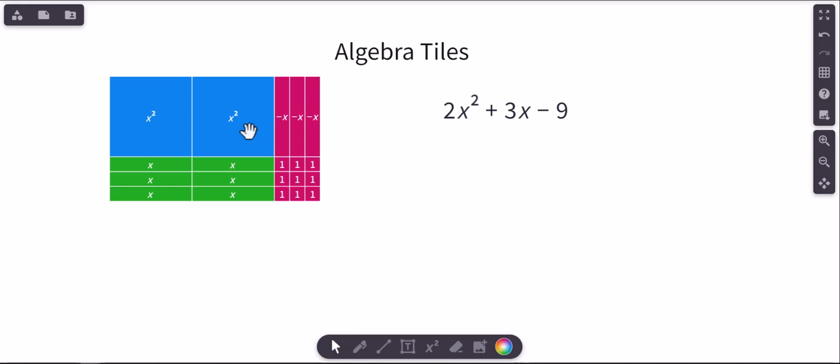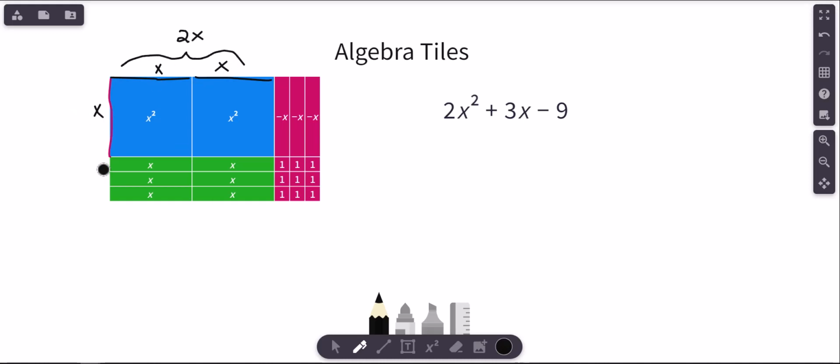So here, when we go to look at the dimensions of our rectangle, again, we have an x here. So we have an x squared, which is x by x. And I've got another x here. So off to the top here, we've got 2x. And to the side here, we've got x.